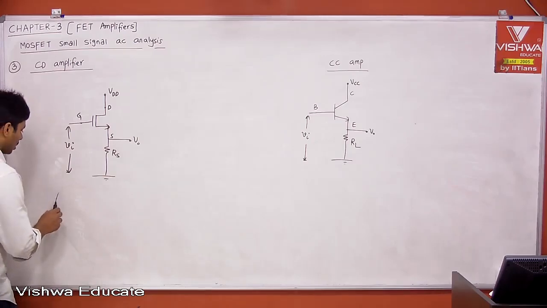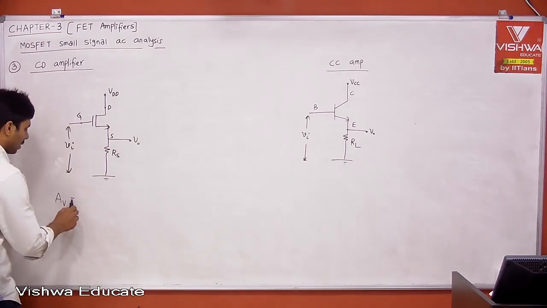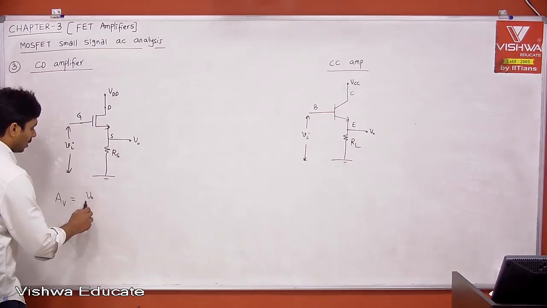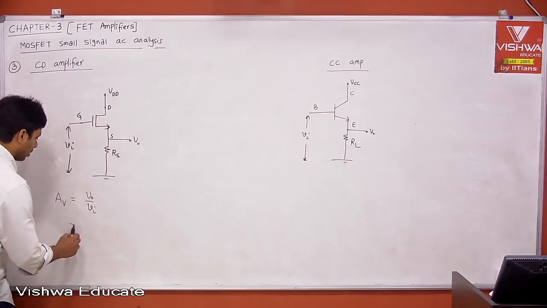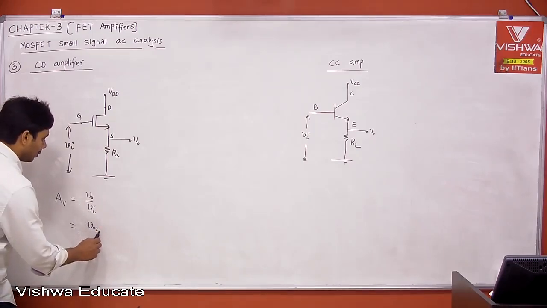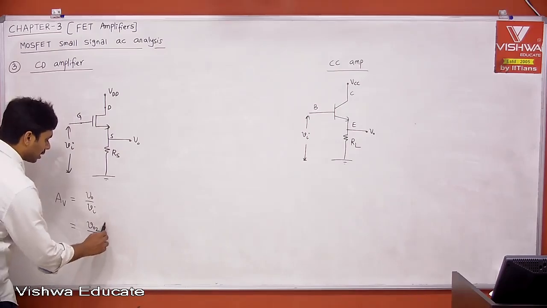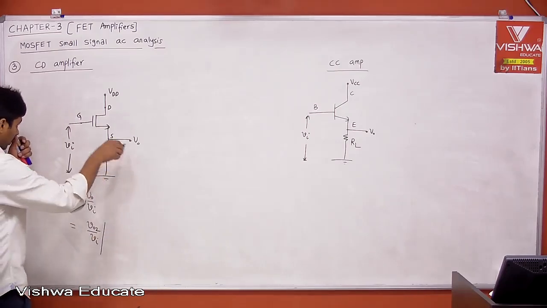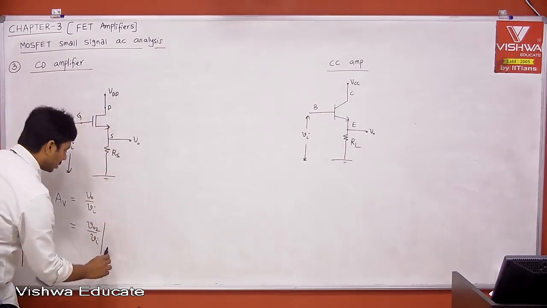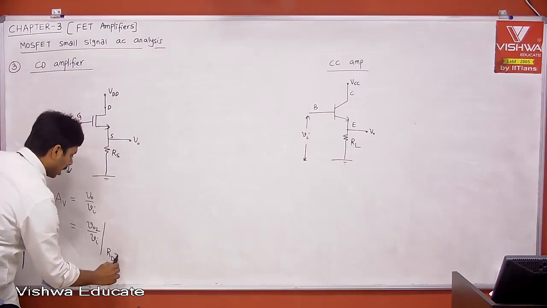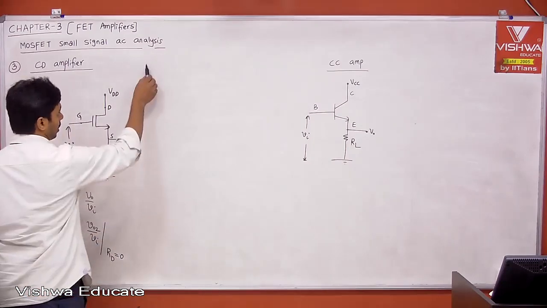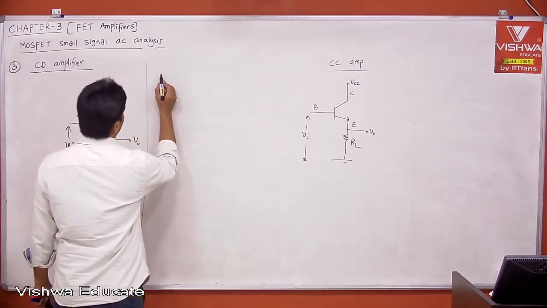Here, what is the voltage gain? Voltage gain AV is equal to V0 divided by Vi. This is nothing but V02 divided by Vi. We already calculated, right? This is V02 divided by Vi when RD is equal to 0. If this is the case, what is AV?